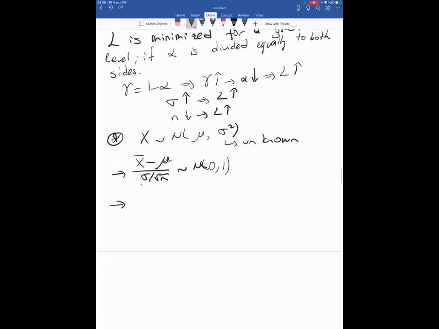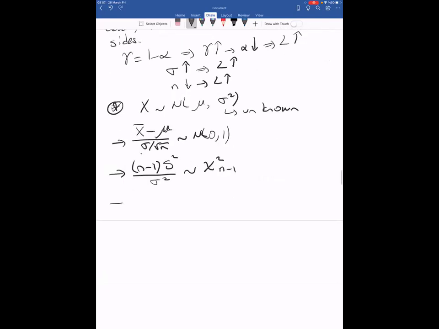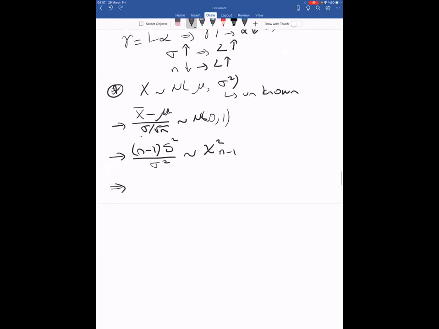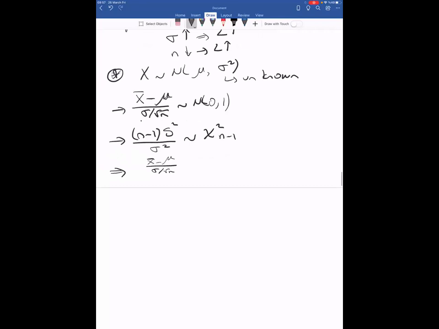So in this case, what we are using is n minus 1 s squared over sigma square. We know that this is a chi-square distributed random variable with n minus 1 degrees of freedom. And when we generate the student t, we write in the numerator the standard normal distributed variable, and in the denominator the square root of the chi-square distributed random variable over the degrees of freedom.